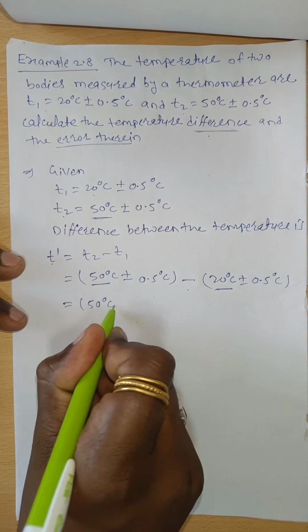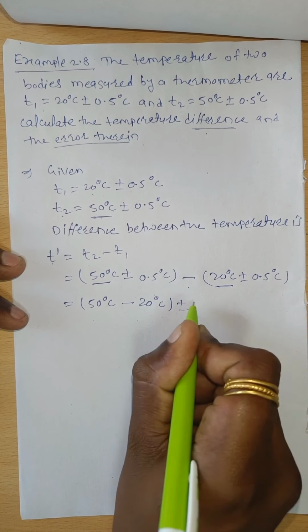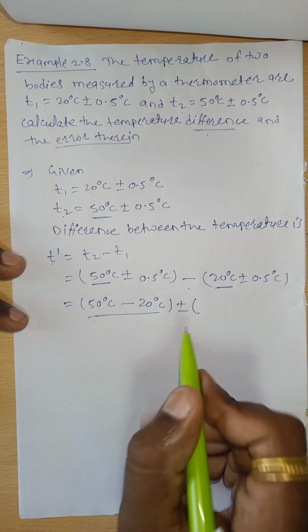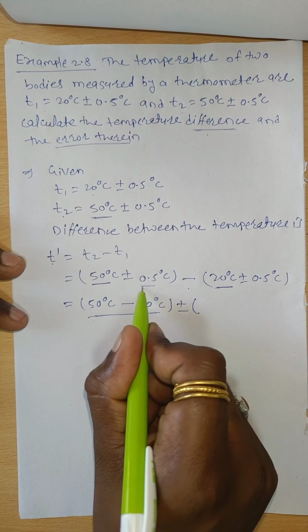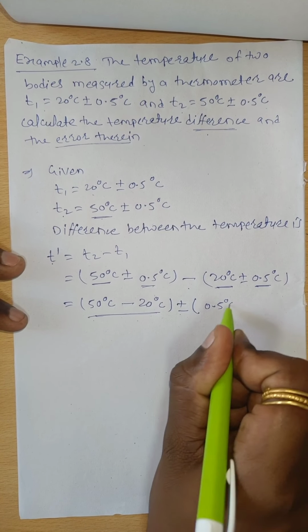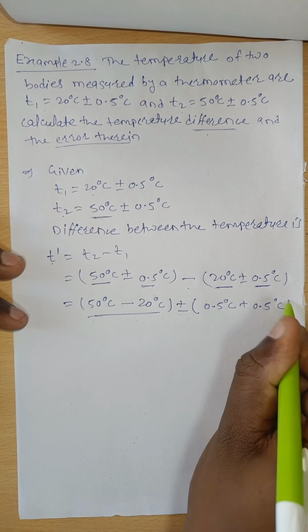That is 50 degrees Celsius minus 20 degrees Celsius, plus or minus (0.5 degrees Celsius plus 0.5 degrees Celsius).